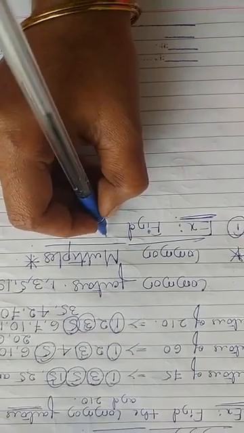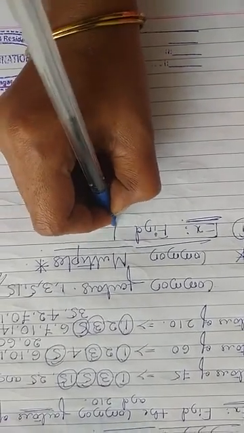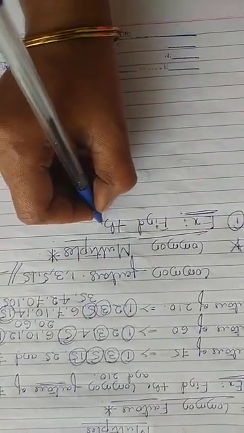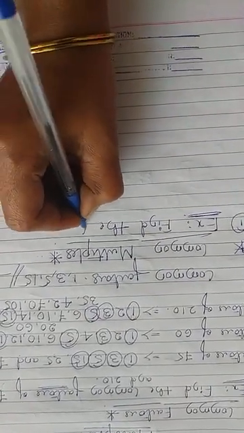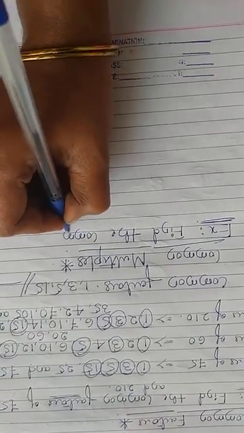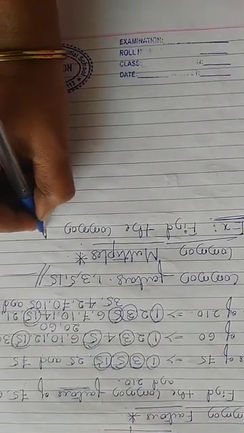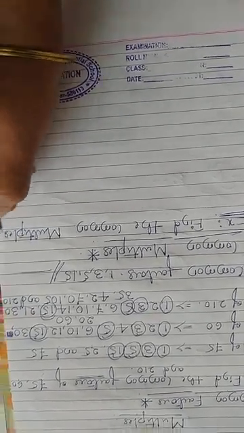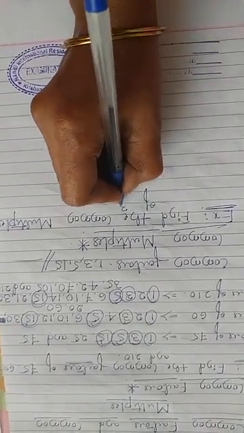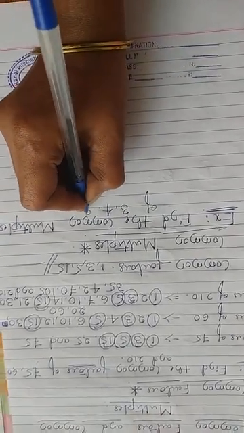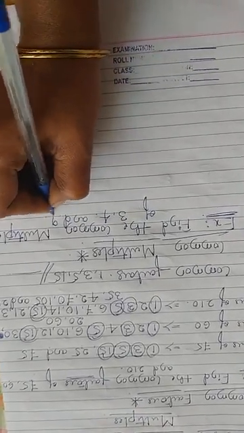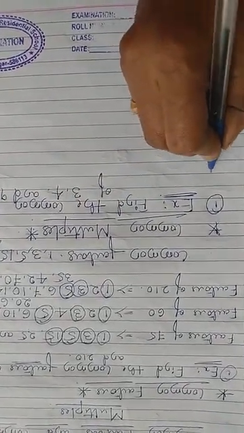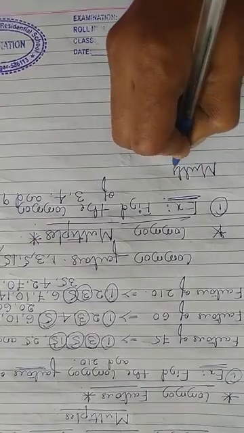According to the example, you have to understand common multiples and common factors. Find the common multiples of 3, 4 and 9. First you have to write the multiples.